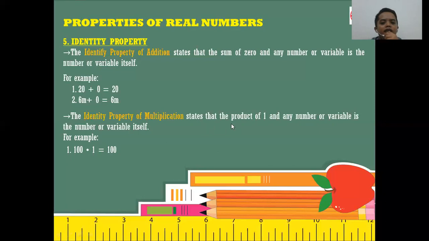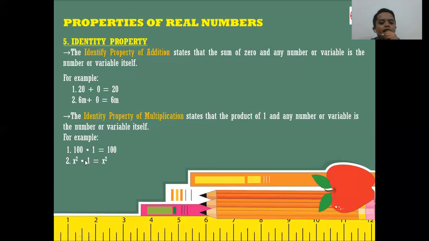So again, the product of 1 and any number or variable is the number or variable itself. If it involves an exponent, x squared times 1, of course, since this is 1, the result is itself, x squared. That is the identity property of multiplication.